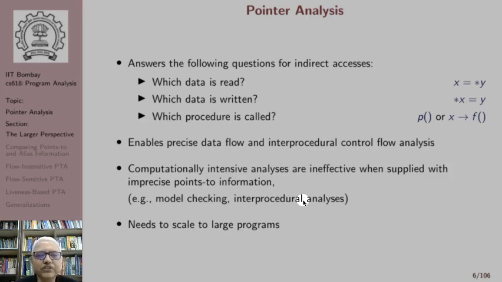If you don't know which location is being read, we will have to assume that all possible locations are read. So this increases the size of the data space that any analysis has to consider. So either it becomes non-scalable or inefficient, or it becomes ineffective because it has to consider a gross over approximation of what actually is happening.